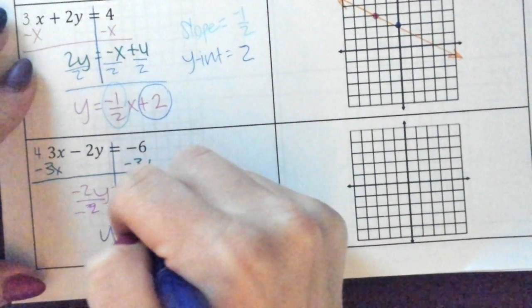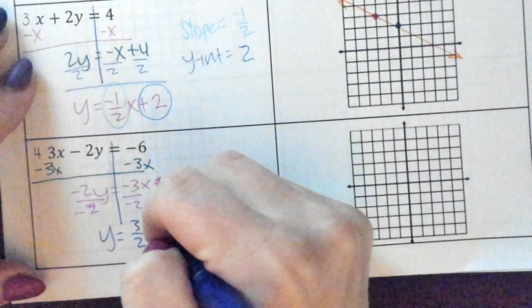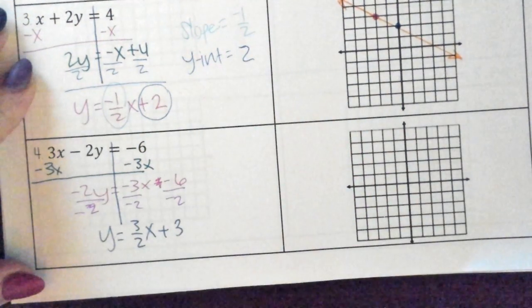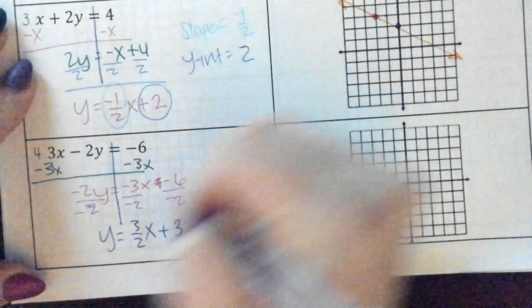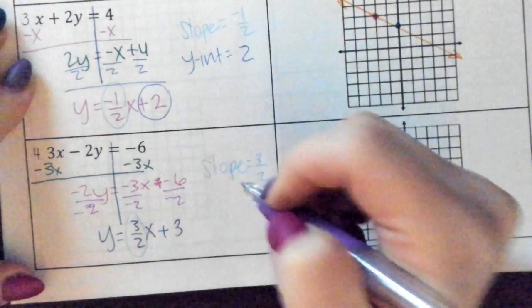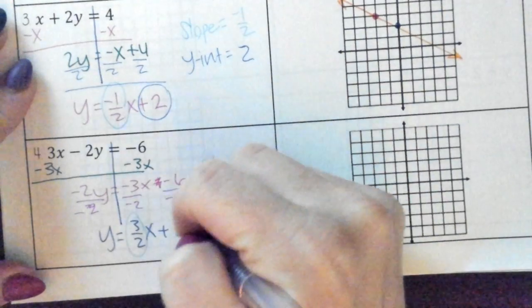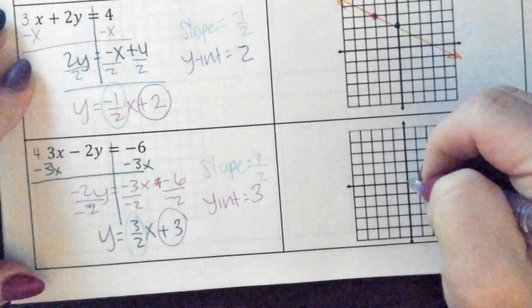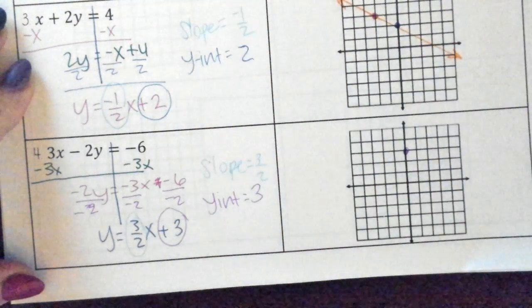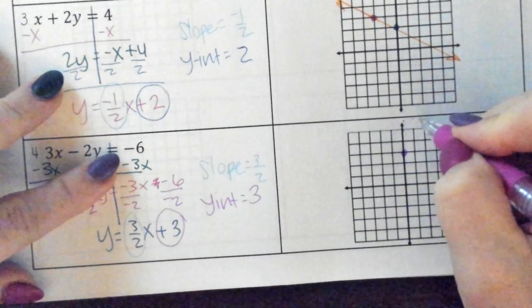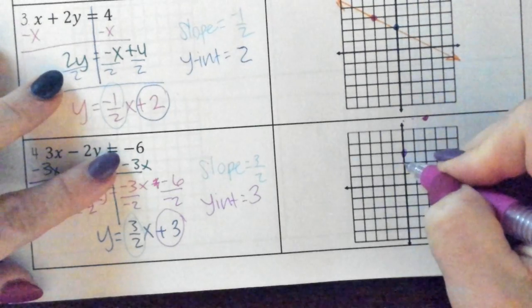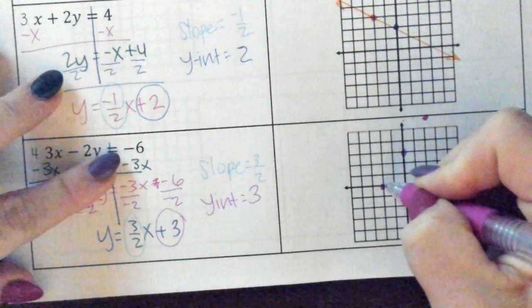Y equals 3/2 x plus 3. Identify the slope: 3/2. Identify my y-intercept, +3. Plot that y-intercept. It is +3. Then 1, 2, 3/2.